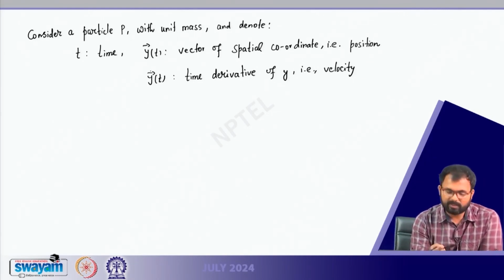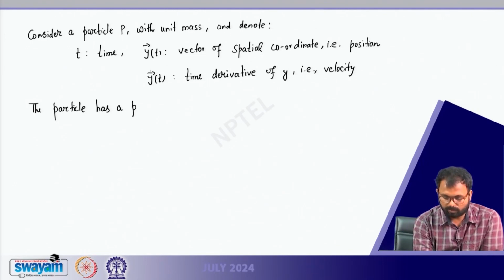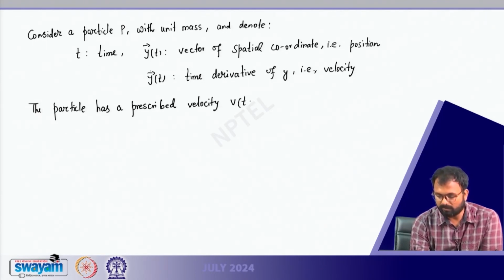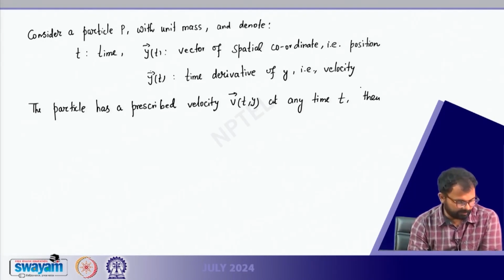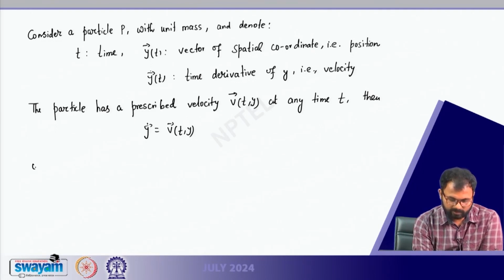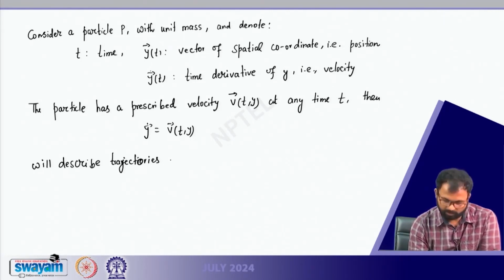If we assume that we can force the particle to have a prescribed velocity v, so if we say that the particle has a prescribed velocity v(t, y) at any time t and at the position y, then y dot equals v(t, y) will describe trajectories of such particles.